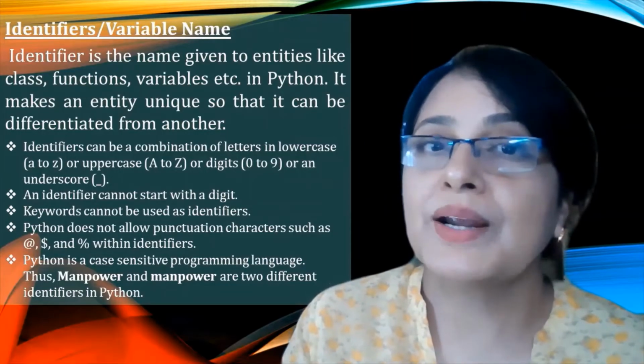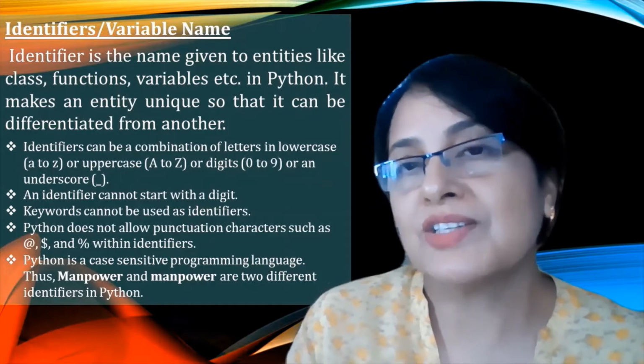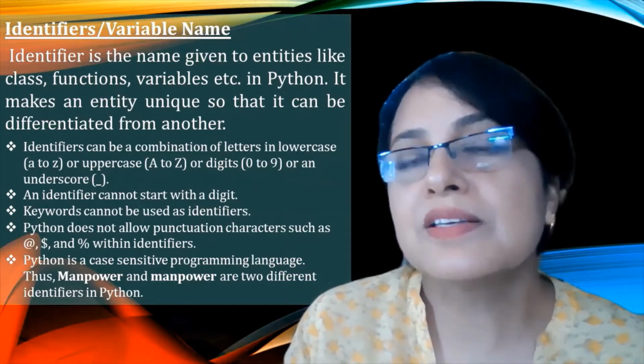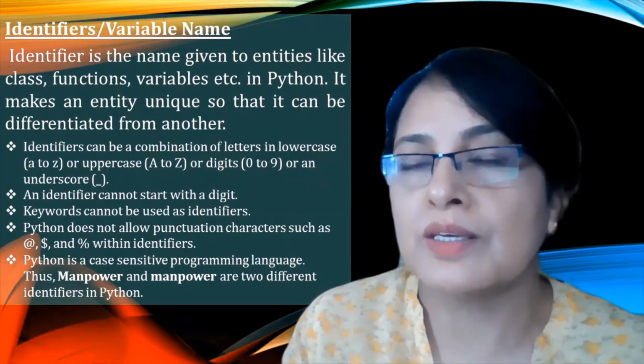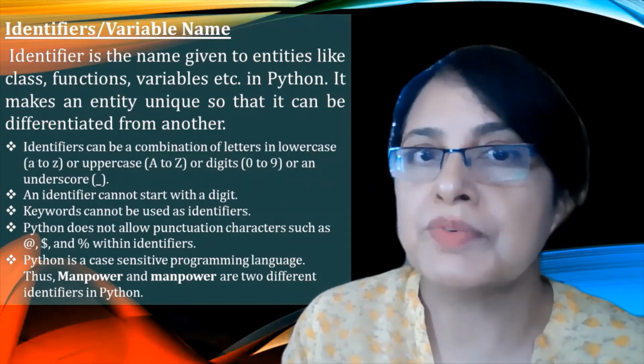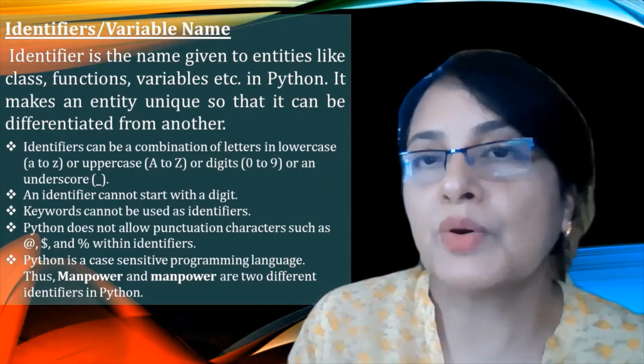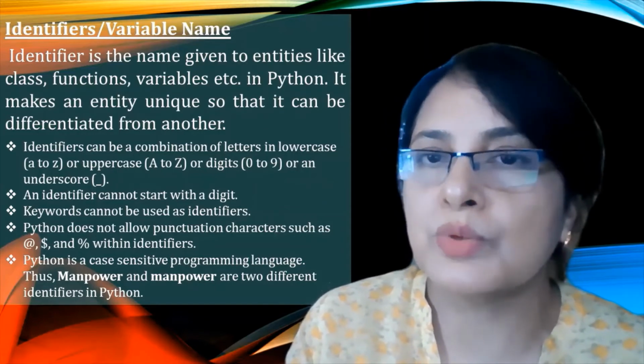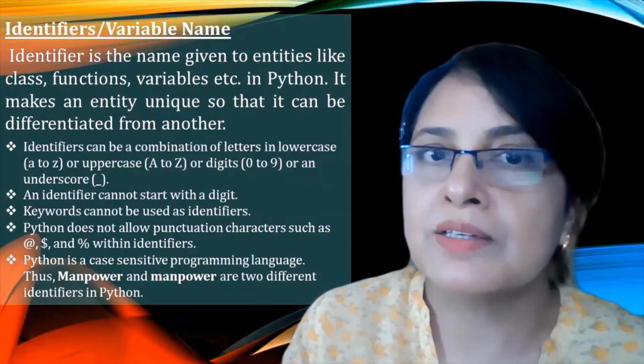An identifier is a name given to an entity such as a function, a class, or a variable, and this is what makes that entity unique. There are some rules, however. The identifier can be a combination of letters in lower or uppercase or digits 0 to 9. They can have an underscore.